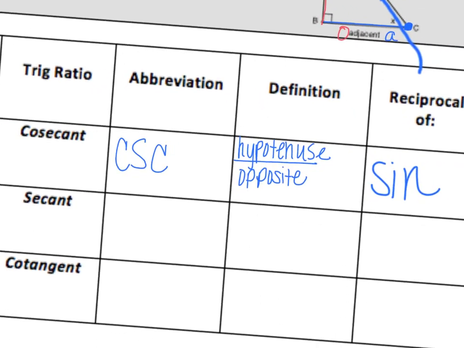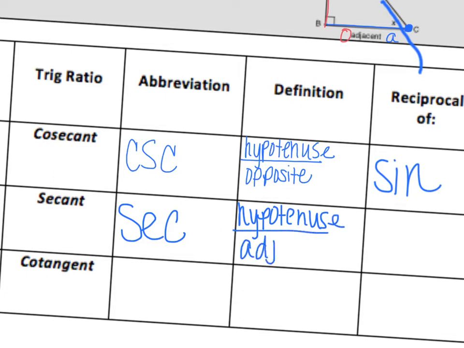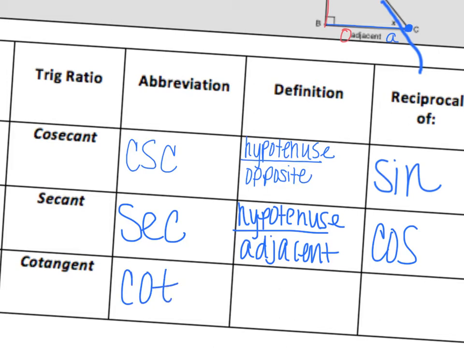Okay, next one is secant. We abbreviate this using SEC, and this is going to be the hypotenuse over the adjacent side. And this is the reciprocal of cosine. And last but not least, we've got cotangent. Cotangent we abbreviate using COT. And this is going to be the opposite of tangent.